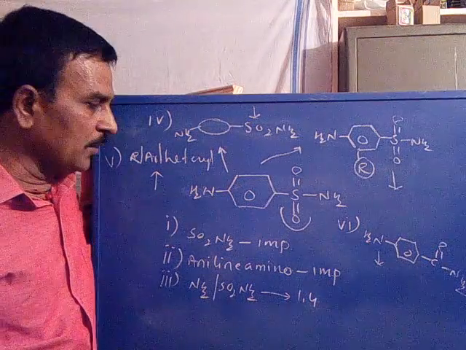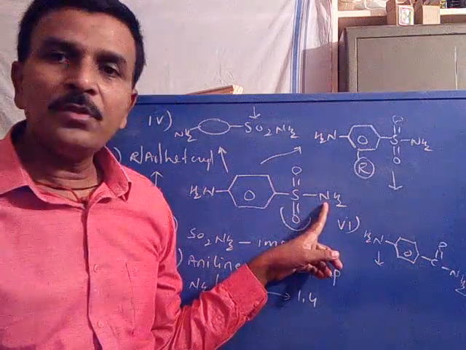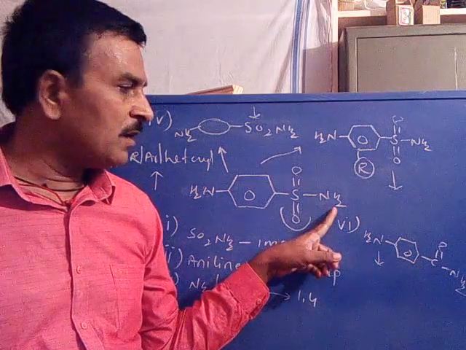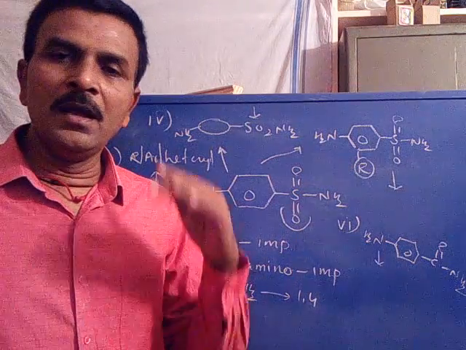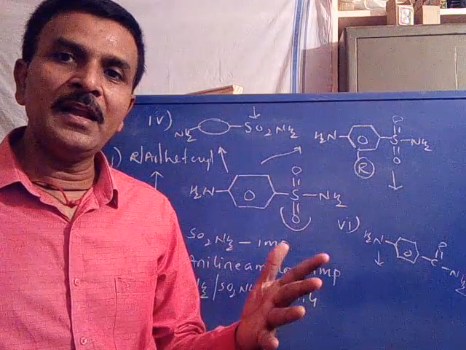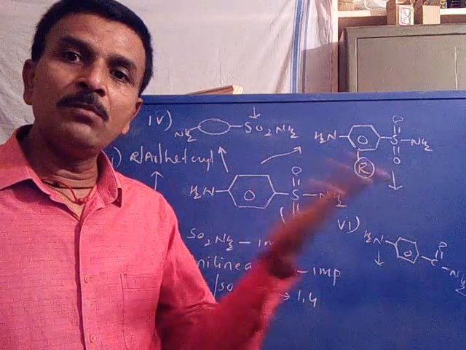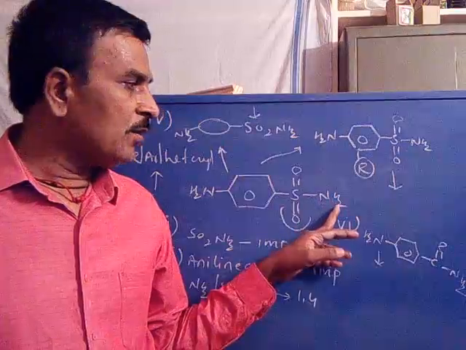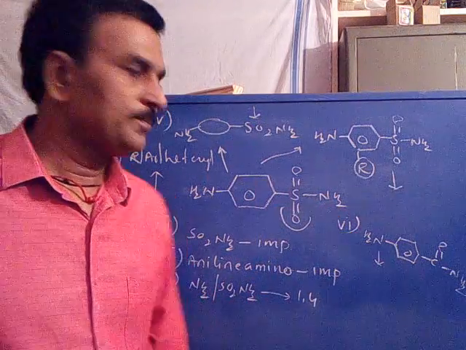Is it clear? Now replacement of hydrogen on the SO2NH2 group, that is hydrogen of nitrogen on the sulfonamide group, by alkyl, aryl or heteryl increases the activity. The activity is more improved when hydrogen of the sulfonamide group is replaced with a heterocyclic ring.